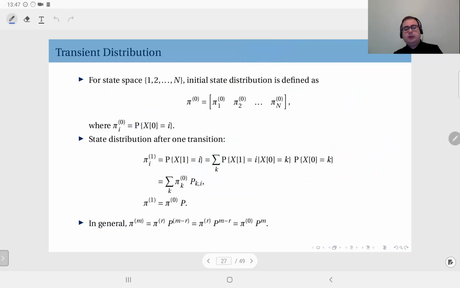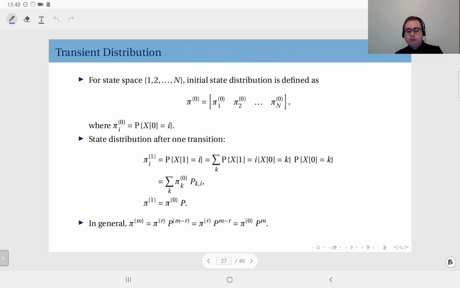Okay? Now, based on this, we can derive the distribution, meaning the probability of the Markov chain being in each of the states in a given time instant, if you know the initial state distribution.